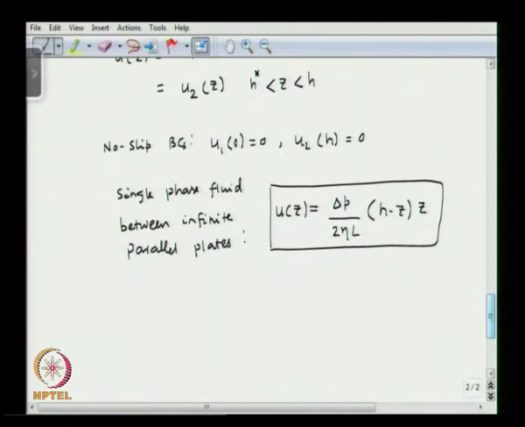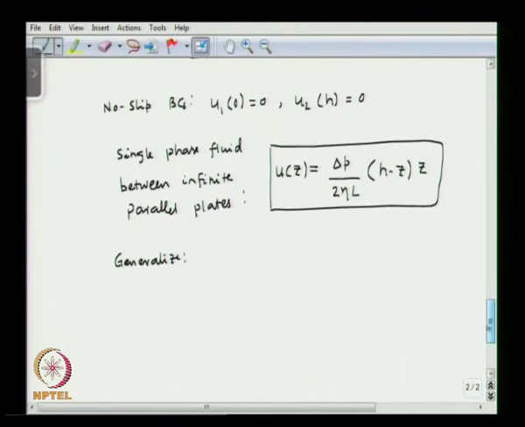In this case, if you generalize, we can write u1 of z equal to delta p over 2 eta 1 L, where delta p and L are the same for both fluids, into (h1 minus z) into z. This will satisfy the boundary condition u1 at 0 equal to 0.